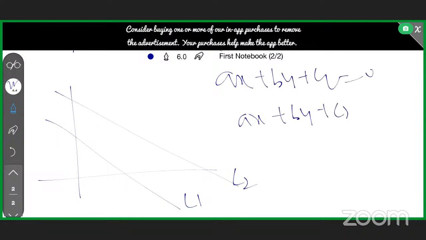If my two lines are parallel, then the distance is given by d equal to mod of c1 minus c2 all divided by root of a square plus b square.